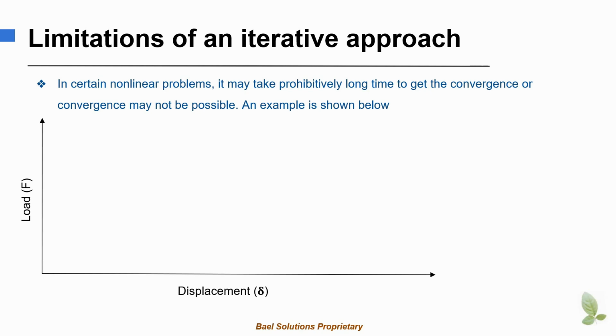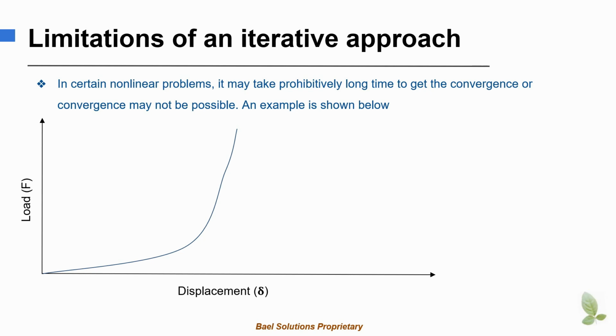Deformations are on the x-axis, while the load is on the y-axis. The force deformation behavior is highly nonlinear, represented by the curve shown. If we try to solve this model using Newton Raphson iterations, we get into problems.